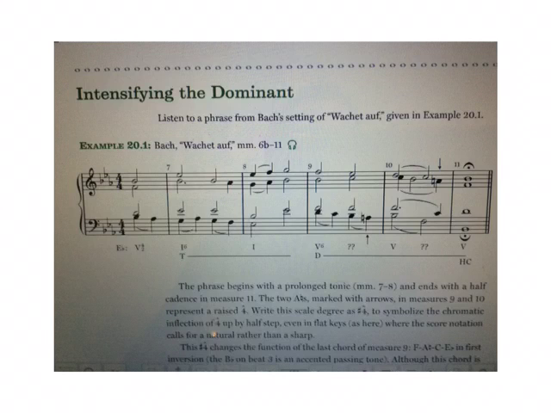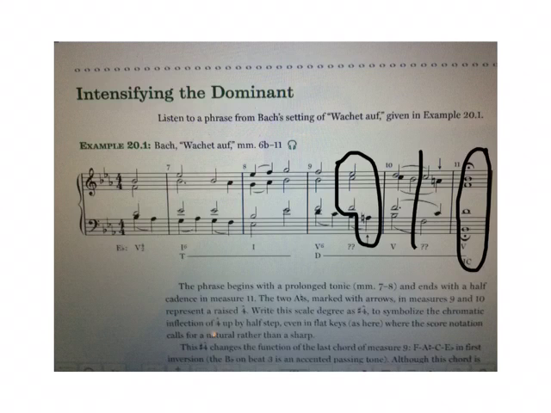And we reach a half cadence in the key of E flat, and that half cadence is on a B flat major chord. That's 5 in the key of E flat. Now we've got 2 special chords to look at. That's one of them, and this is the other one.